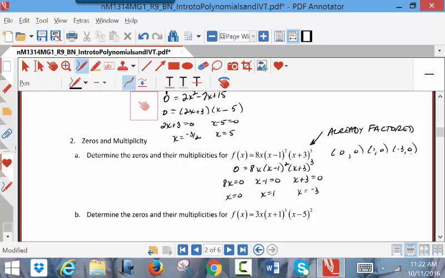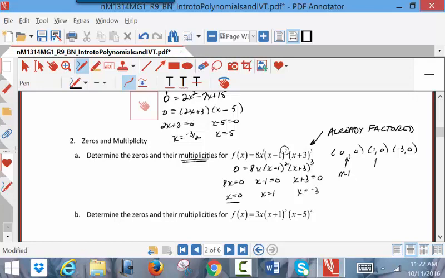Now, this example didn't just ask me for the zeros or the x-intercepts, it also asked me for their multiplicities. Well, the multiplicity goes back to the exponent on the binomial right here. So, in this case, 8x was to the first power, so when I got the 0 of x equaling 0 from the 8x term, this point 0, 0 is of multiplicity 1.